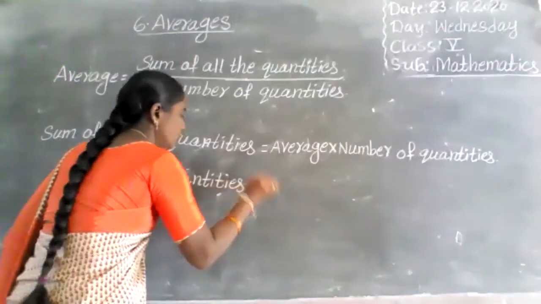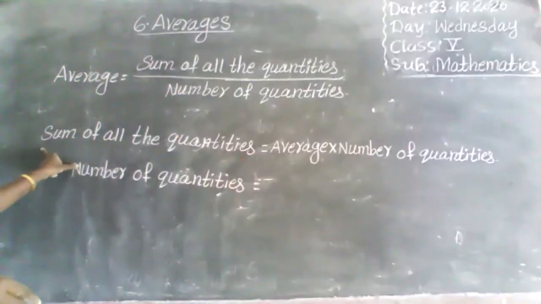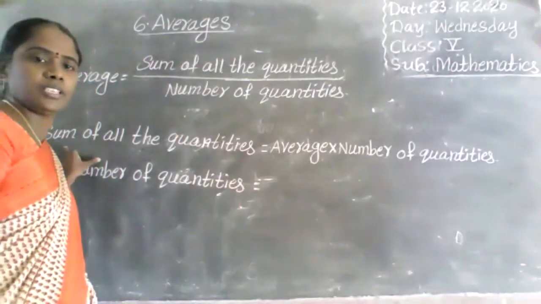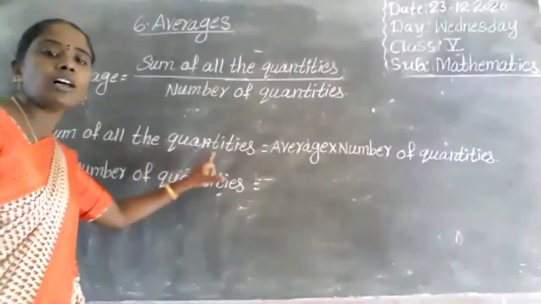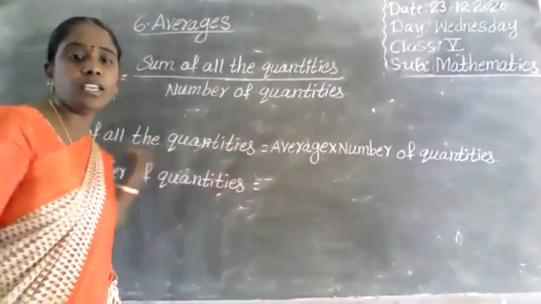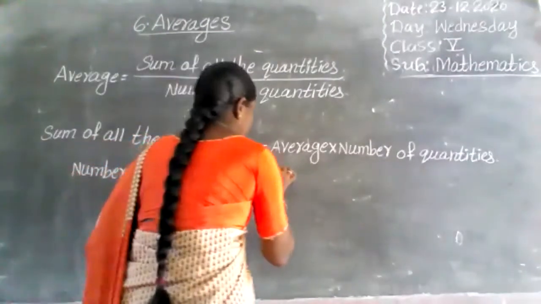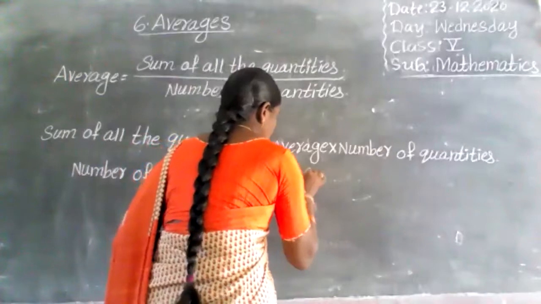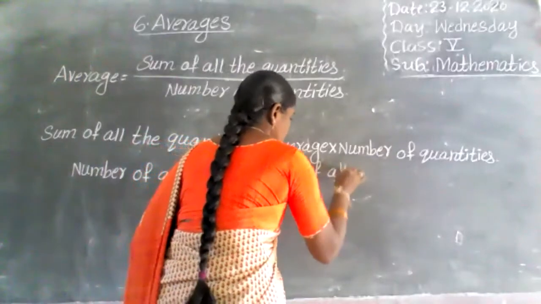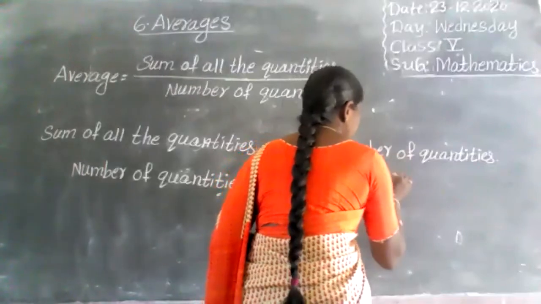Number of quantities equals total sum. Total or sum, we can use either word. Sum of all the quantities by average.